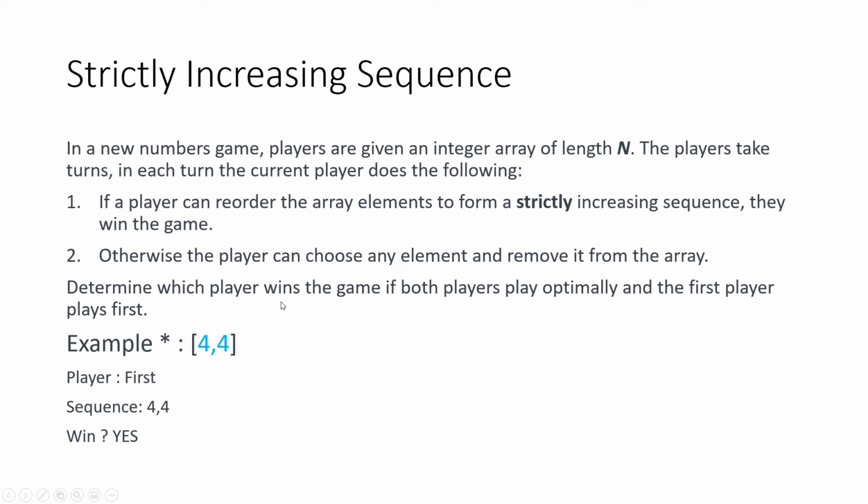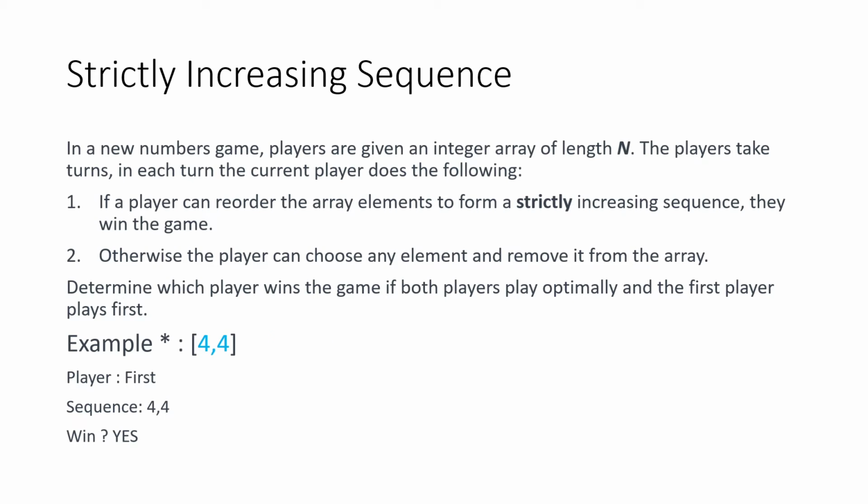Then you are definitely going to win the game. So your target is to give your opponent this kind of array. So you should remove elements to create such an array. And if you get an array where all the elements are unique, then there is nothing to process. The first player will win.